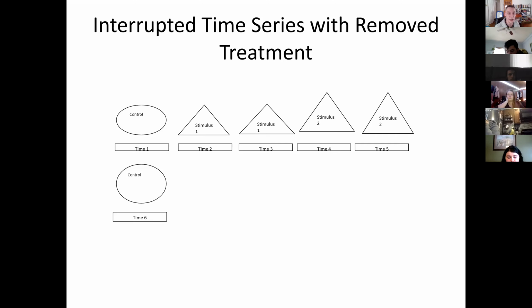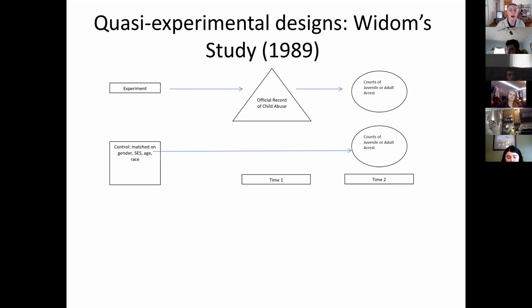So that's an interrupted time series with removed treatment, where the stimuli are increased and then taken away to see if behavior returns to the baseline or not, to provide further evidence that this is really causing people's driving habits to change.